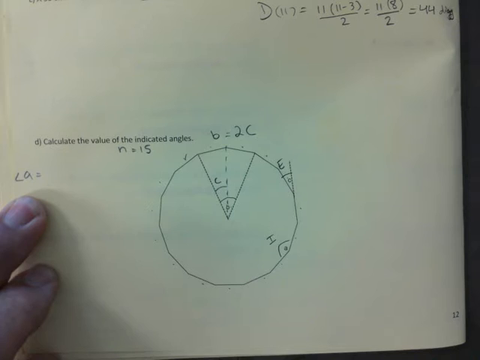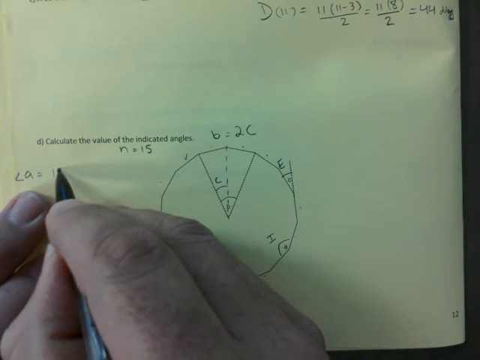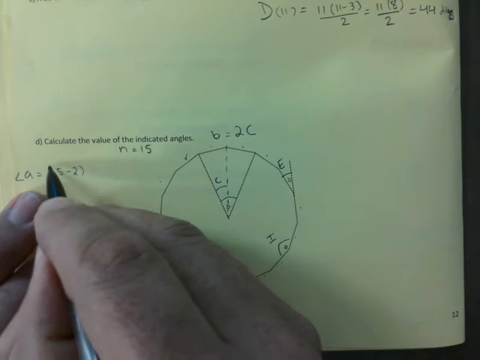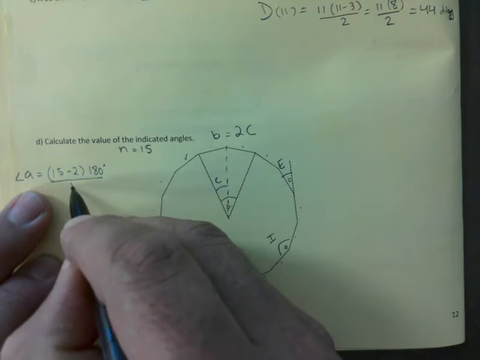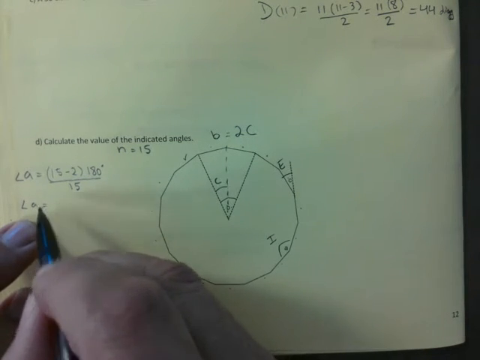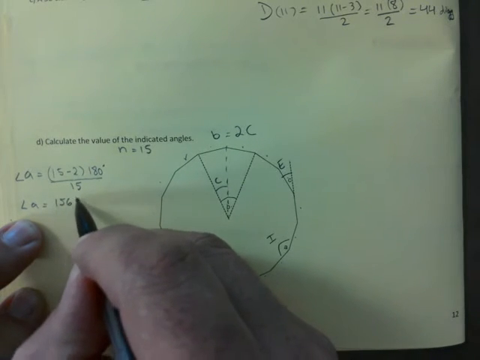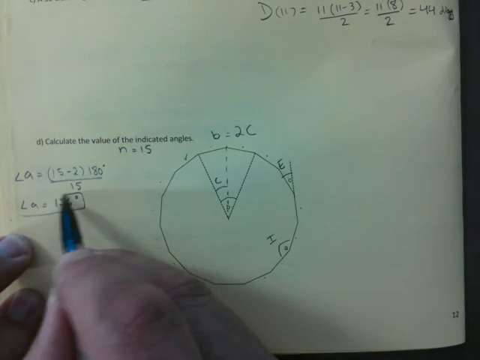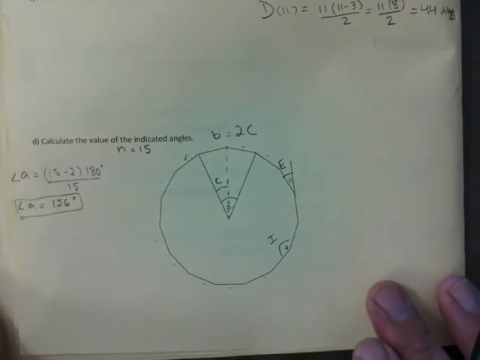Establish that right away. And so this would be (15 minus 2) times 180 degrees divided by 15. Okay, so that would be 156 degrees. So we answered A. We knew that we had to use the interior angle formula to get that.